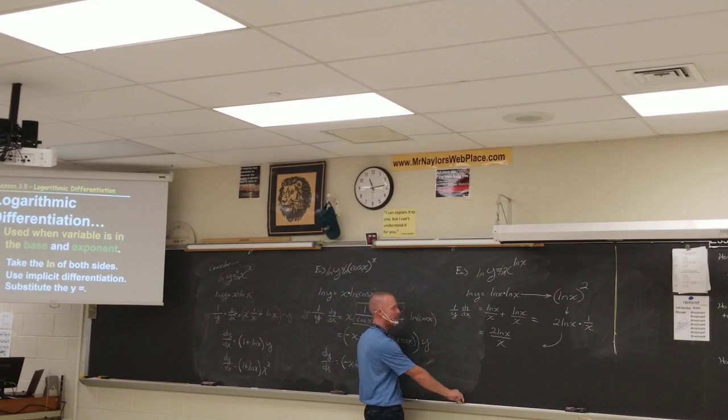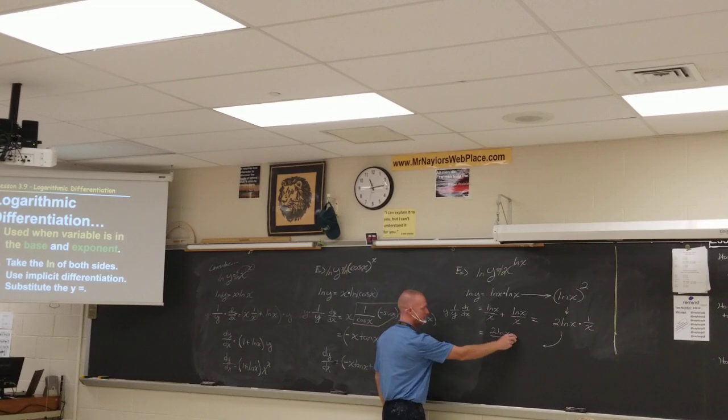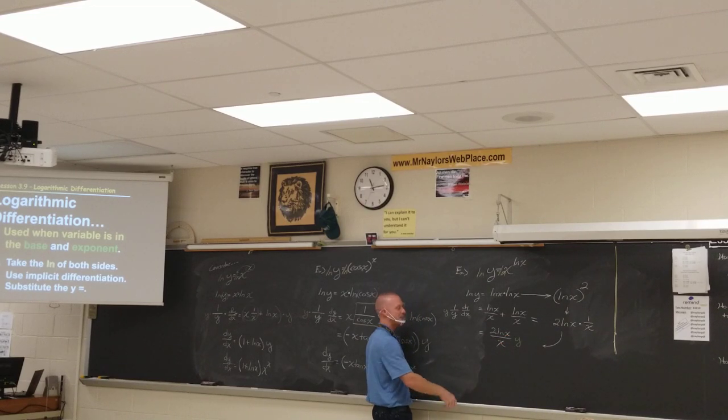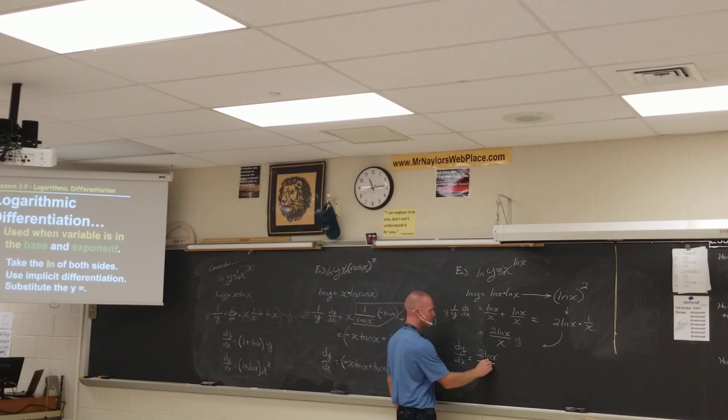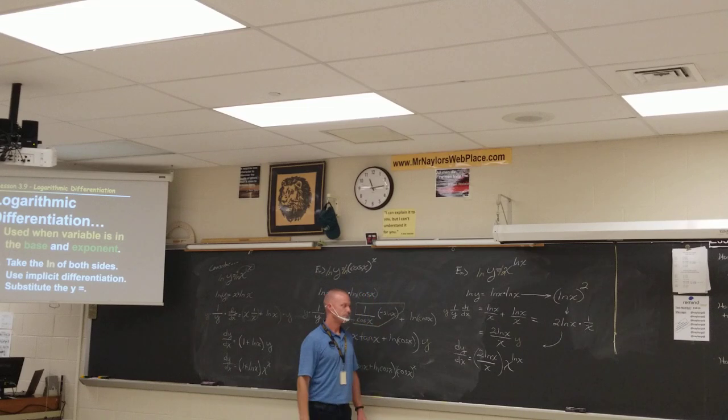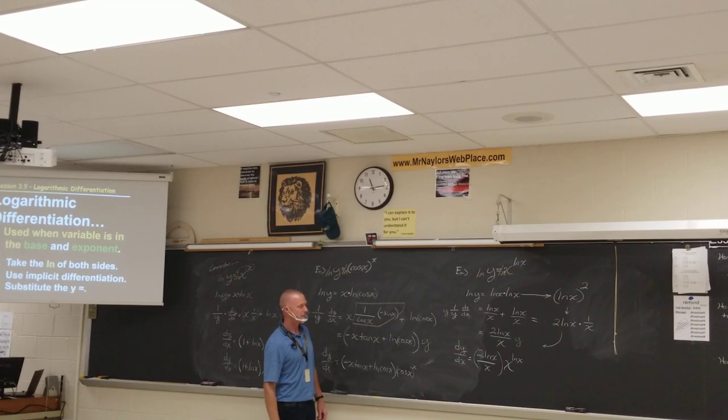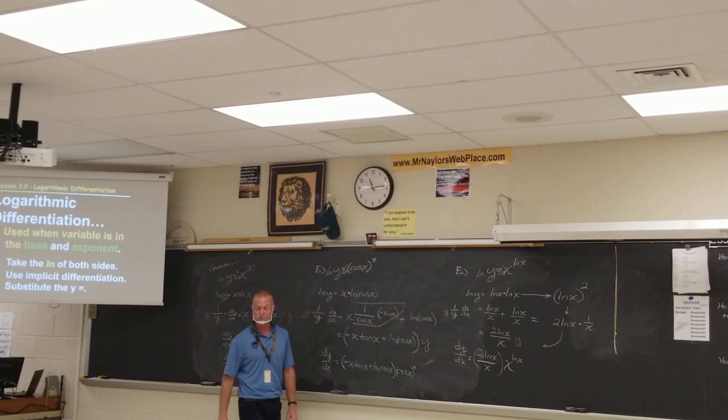Make sure that you multiply y over to the other side. Don't forget that step. And as some of you will do, you're just going to put whatever y equals over here as x to the ln x. So we have 2 ln of x over x times x to the ln of x.